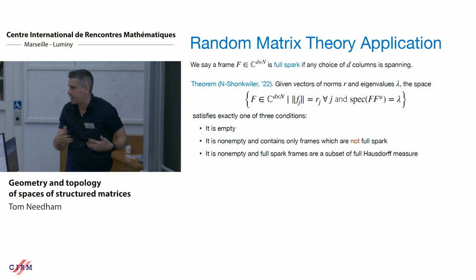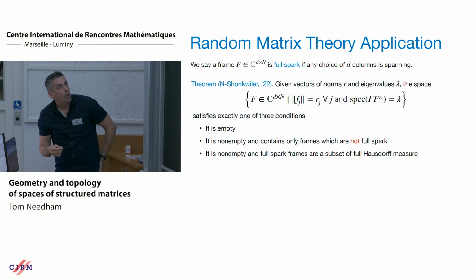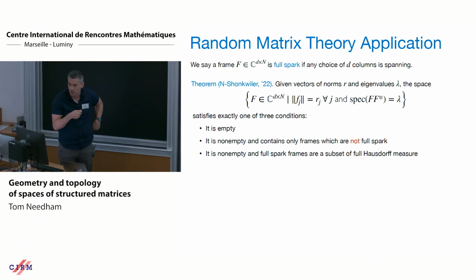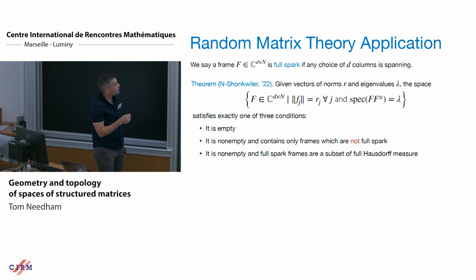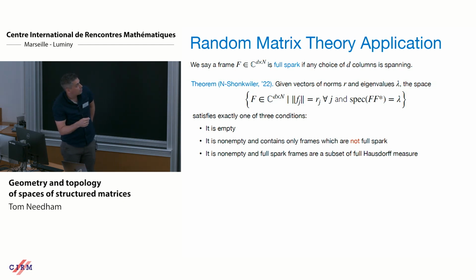You can't have frames with certain data. Or it can be non-empty and contain only frames which are not full spark, so all of the frames in the space are degenerate in that sense. Or, if it has full spark frames, then they have full Hausdorff measure in the frame space.